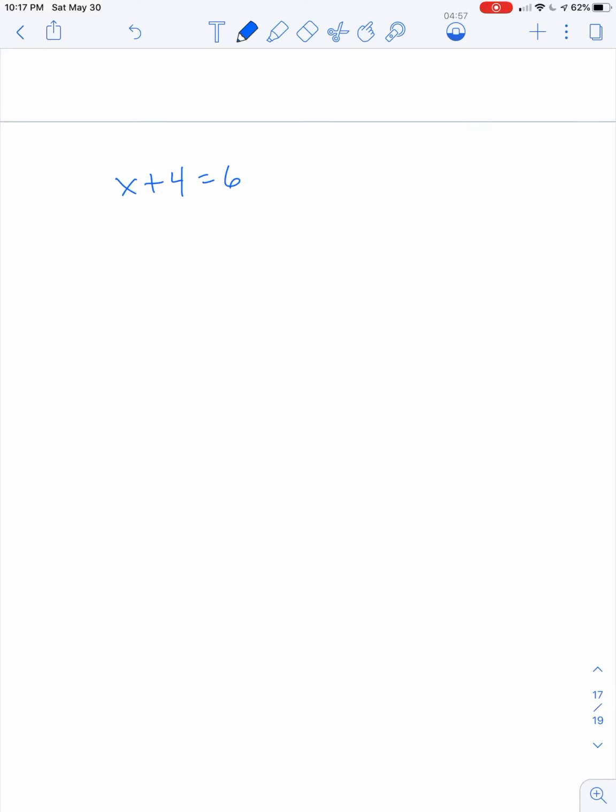So we can use the additive property of equality to do this. We can subtract 4 from both sides, because remember in algebra, our goal is to isolate x. So I could actually write it like this, x plus 0 equals 2. Or, as you've seen me do in pre-algebra, I would cross those out because I know that plus 4 minus 4 is 0. So we can eliminate writing that and just bump right to x equals 2.